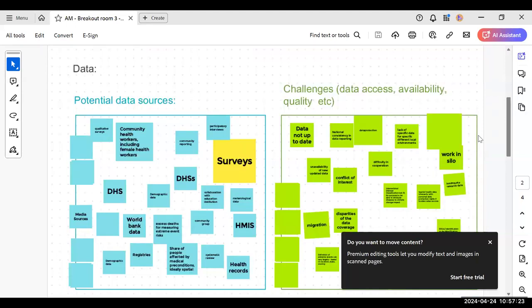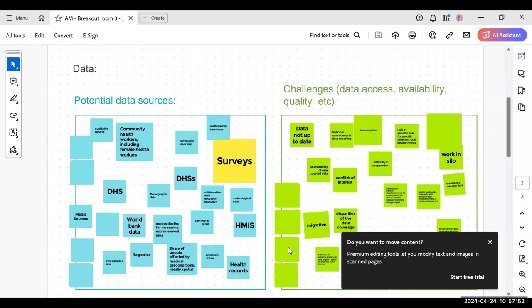Yeah, these are the potential data sources. This is a huge undertaking. It is so expensive. Different participants from various parts of the globe have mentioned a lot of data sources: DHS, surveys, World Bank data, health records, surveillance data.